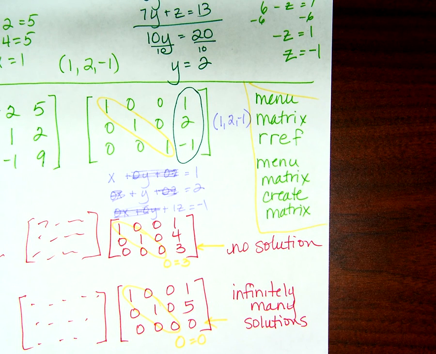Okay? Before we go, I want you to make sure you can answer these questions. What is a matrix? It's a rectangular array of numbers. It's an arrangement of numbers. Why are we using it to solve a system of equations? It's faster.